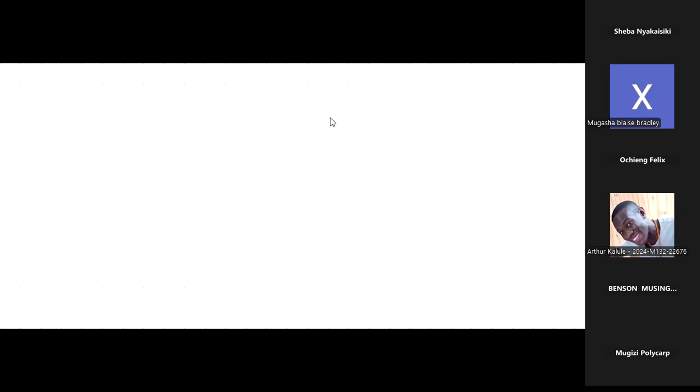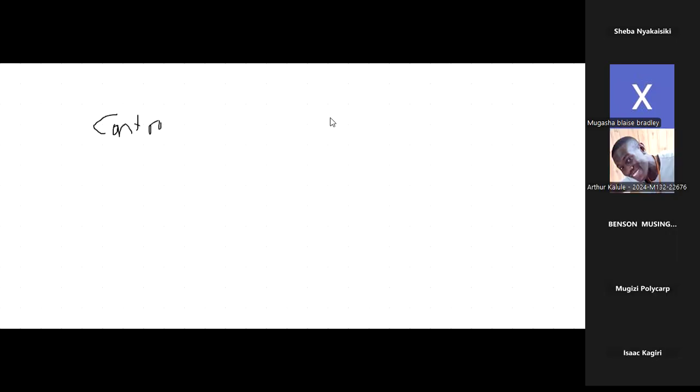So we have control and ease of use. So control, they said things like accessibility.